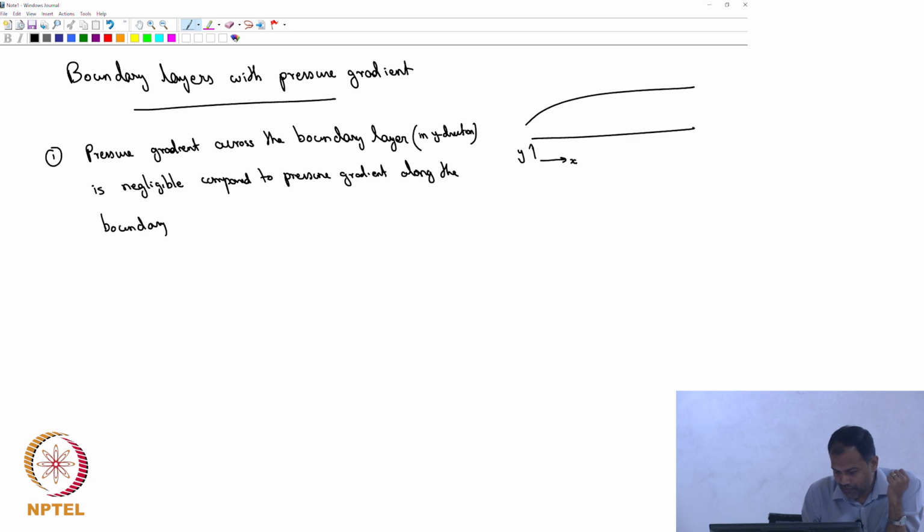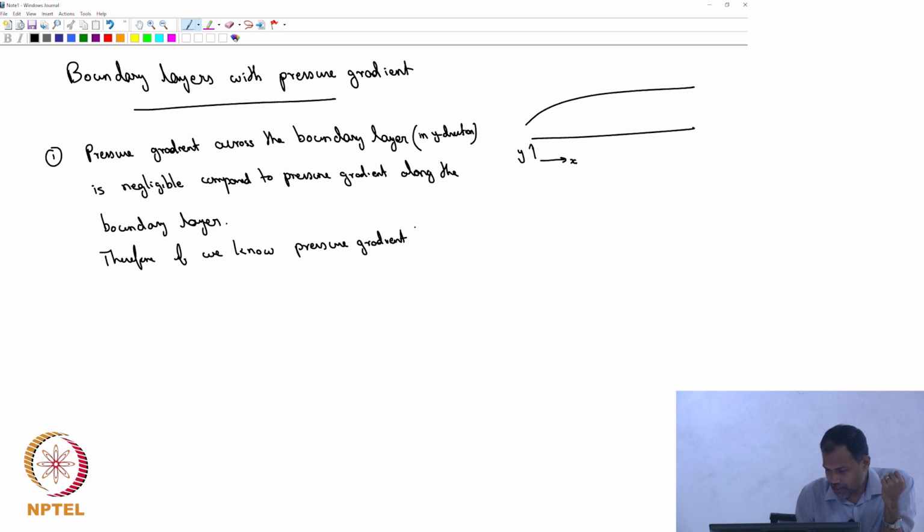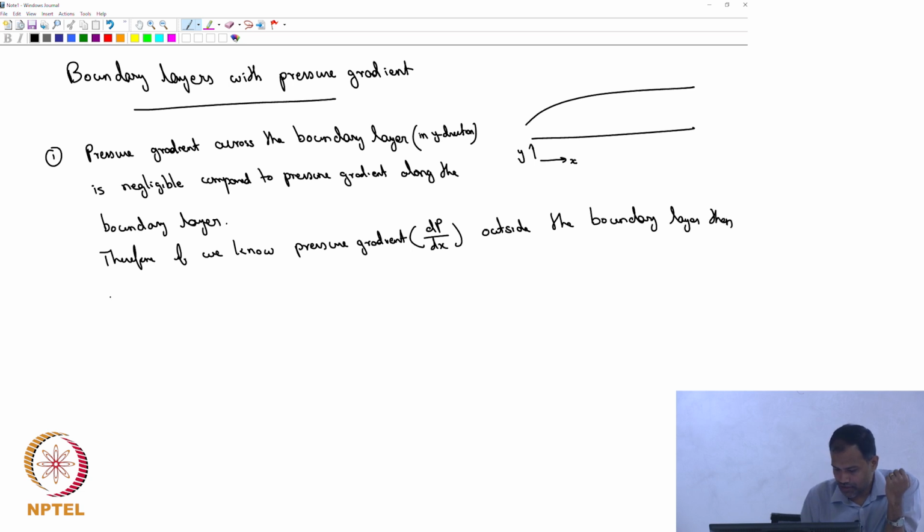So this is one of the things that we said in the last class, and therefore I argued that if we know the pressure gradient, which is dp by dx outside the boundary layer, then we know dp by dx inside the boundary layer as well.